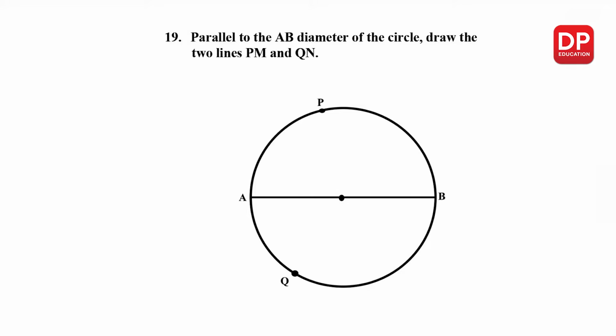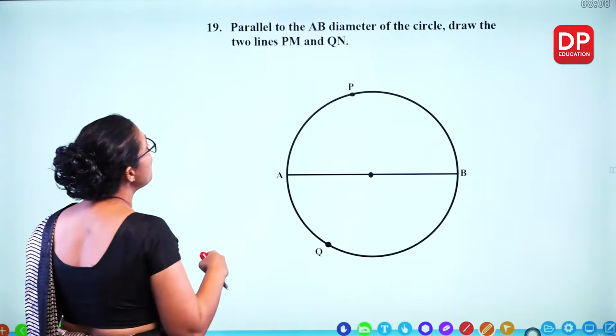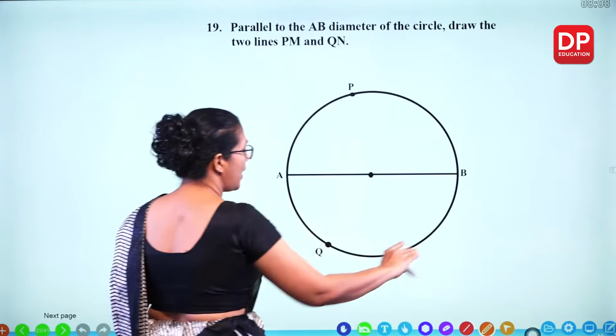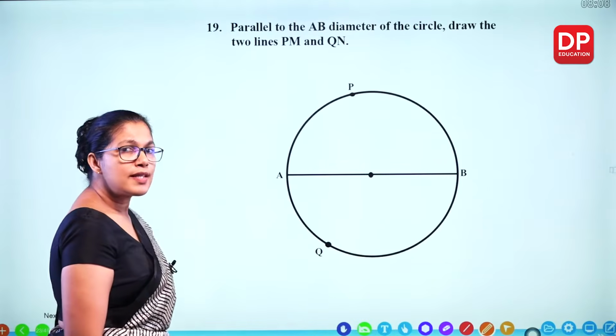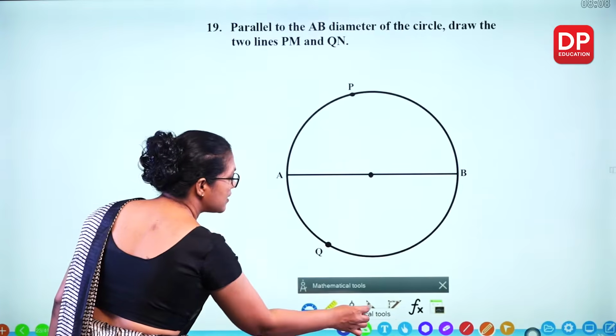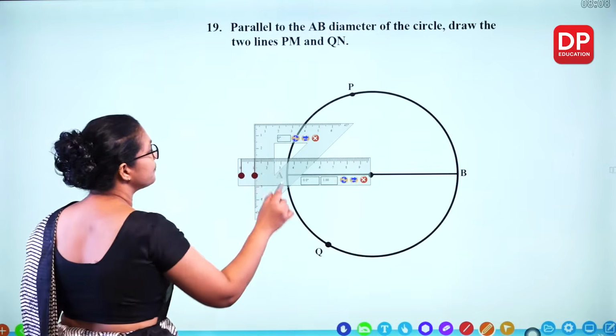Parallel to the AB diameter of the circle, draw the two lines PM and QN. So same thing, you have to draw a parallel line. So take the straight edge and the set square.